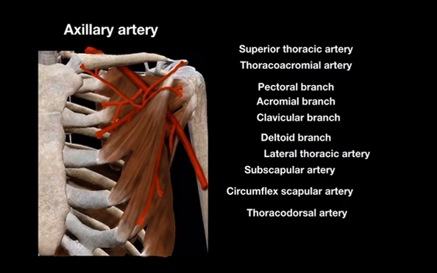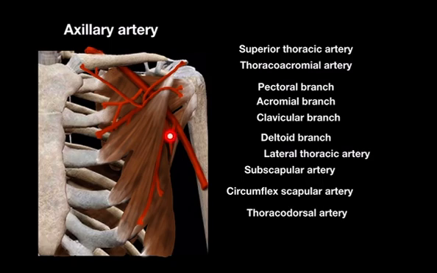It will wind around the lateral border of the scapula to reach the dorsal surface of the scapula. That artery is known as circumflex scapular artery. Okay. After the origin of circumflex scapular artery, the continuation of subscapular artery is known as thoracodorsal artery. It supplies the latissimus dorsi muscle.